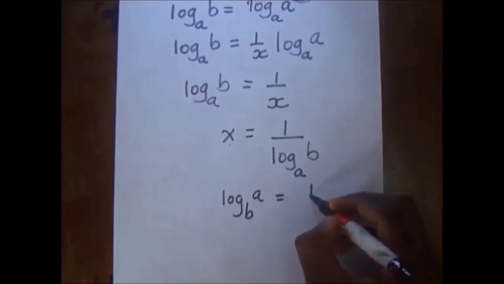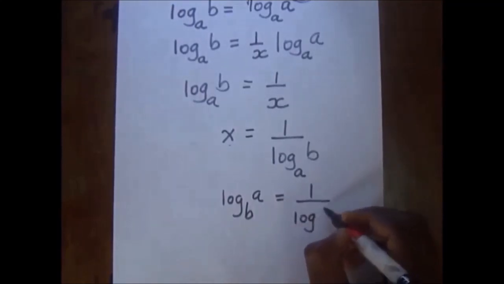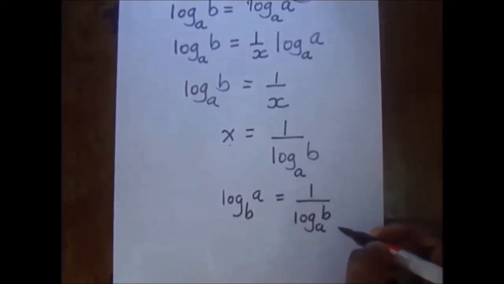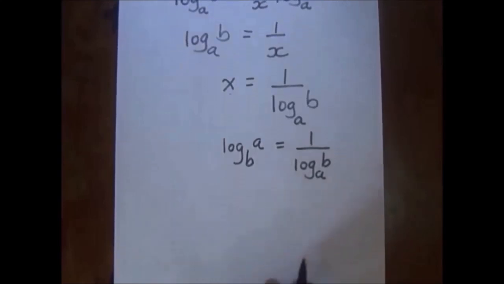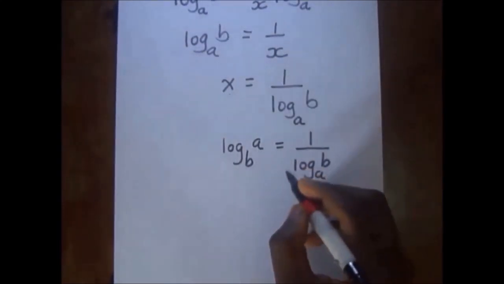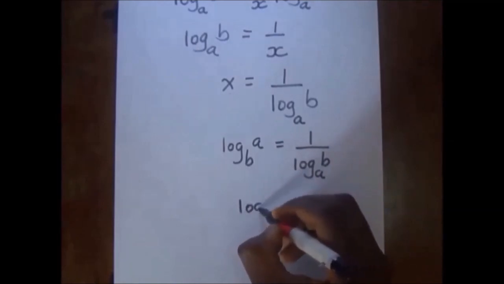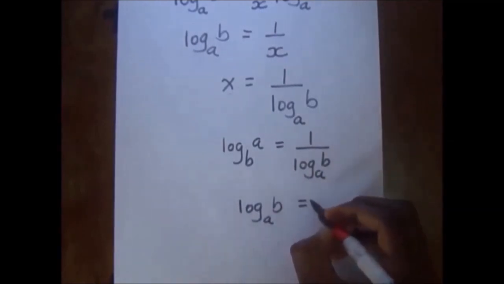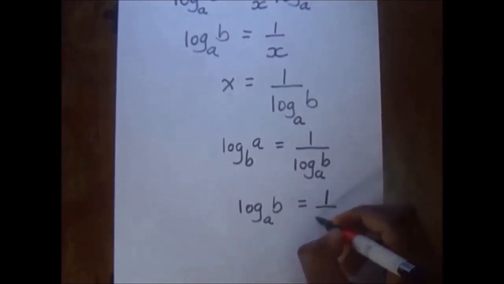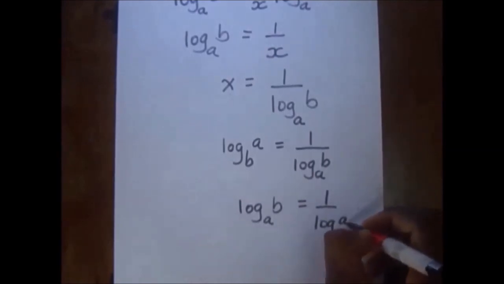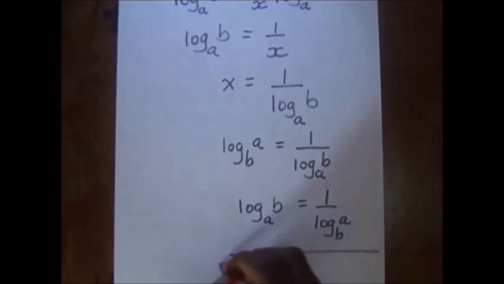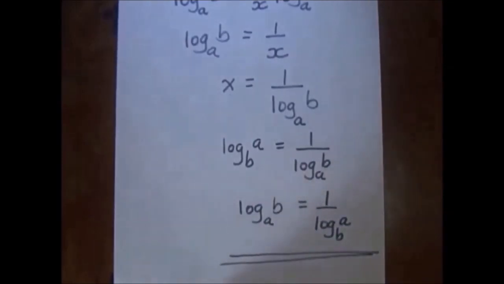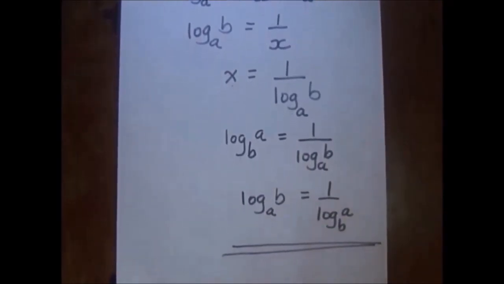So log of b base a is going to be equal to 1 over log of a base b. And so we have deduced, and as a result we have answered the question. Let's do the next example.